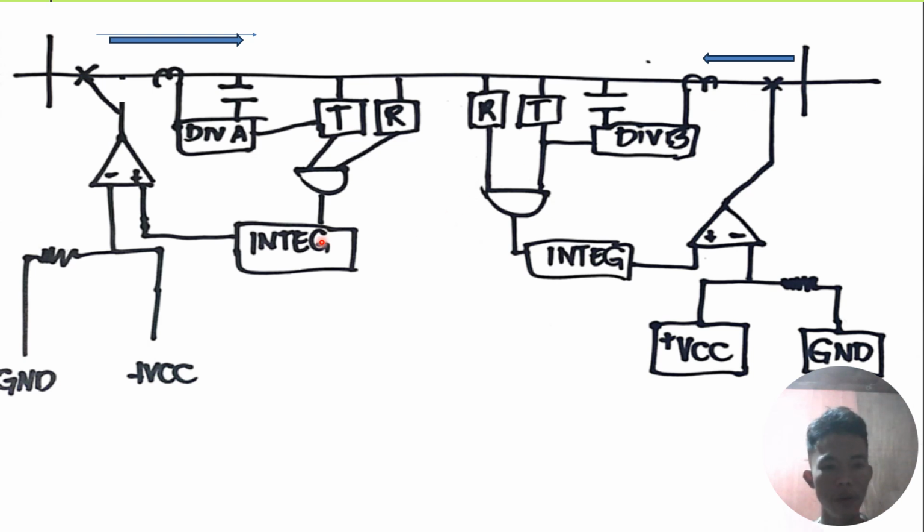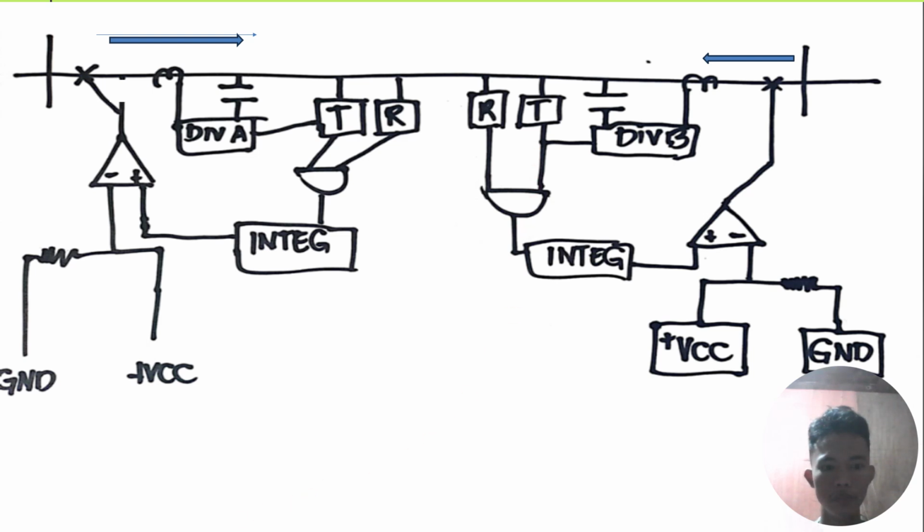We also have the integrator and a comparator. The comparator is set with a threshold value. Here we can also see a transmitter and a receiver connected to the relay, and it is connected to an AND gate. Also here it is the same.